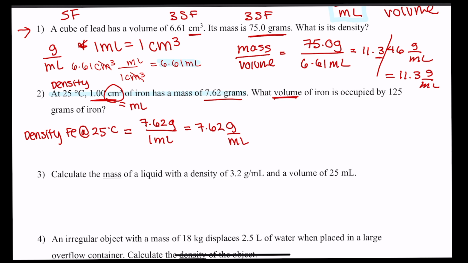Now the second part of the question is asking us to find the volume of the iron occupied by 125 grams. So basically, we are given grams and we want milliliters. So 125 grams times something must give us milliliters in the end. So we are given this.